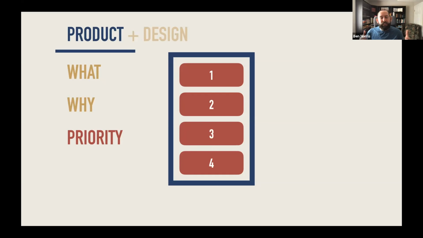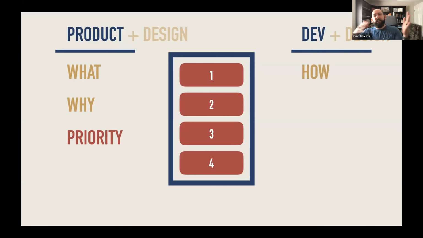Well, then engineering is involved. And as development comes in, we're responsible for how something is built. And again, this is where we partner with design. We figure out, just as Jason talked about, it's really been a fantastic process of doing some discovery work together, understanding the user testing, getting a design, and then iterating on that to come up with something that's not only possible, but also a great experience.